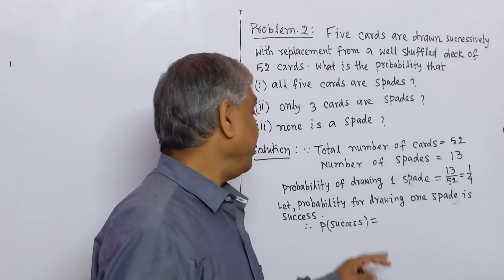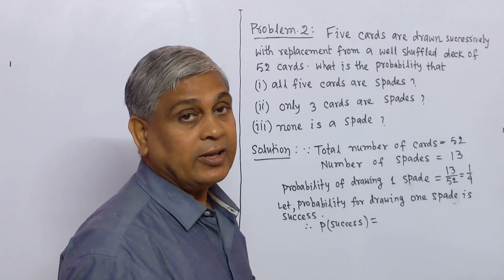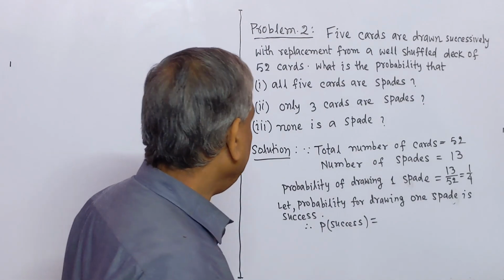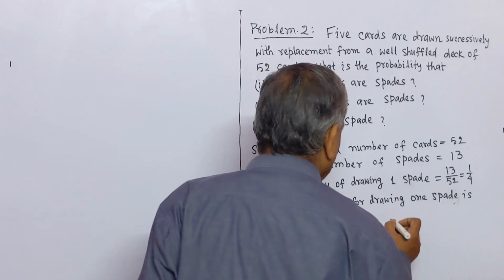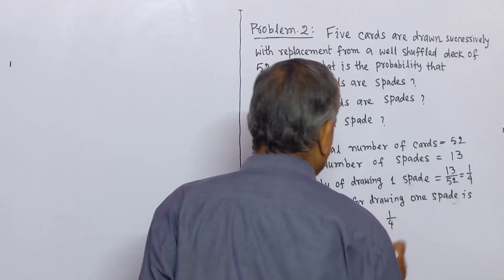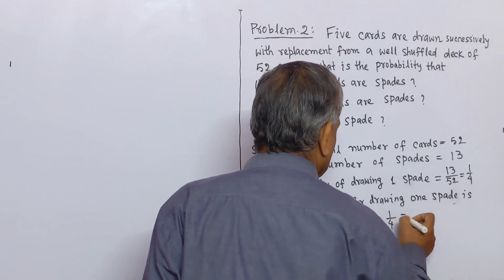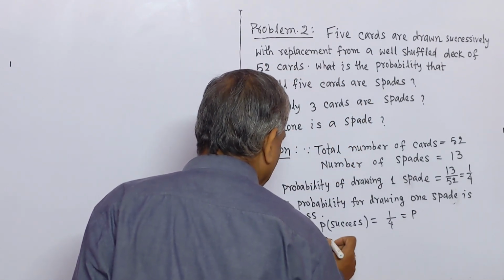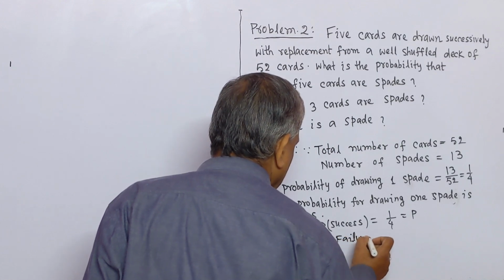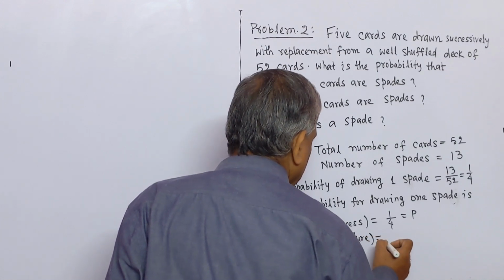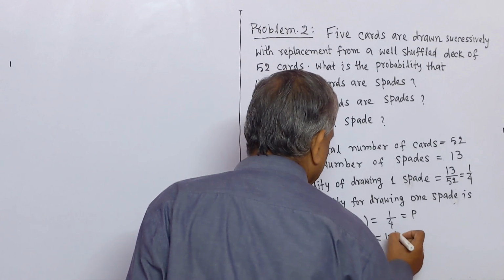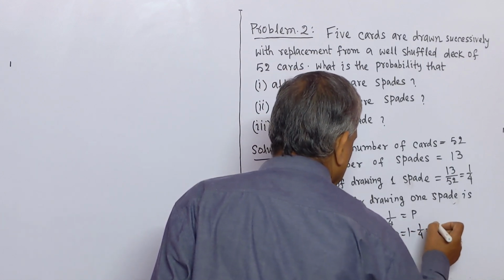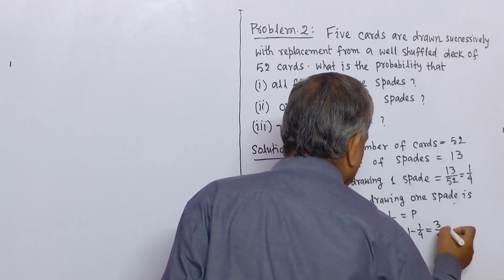Let probability for drawing one spade is assumed as success. Therefore, probability for success equal to 1 by 4. Let this be small p. Therefore, probability for failure equal to 1 minus p equal to 1 minus 1 by 4. This is 3 by 4. Let this be q.